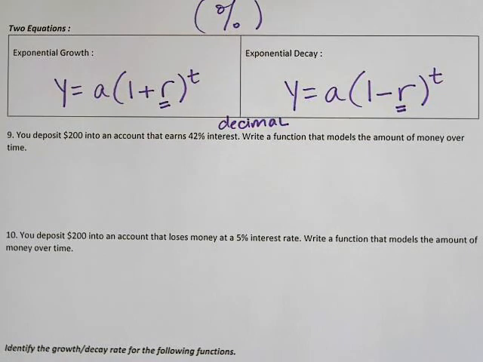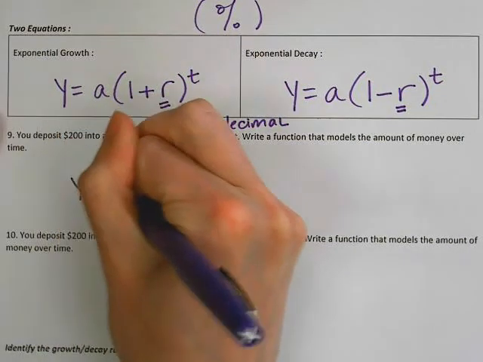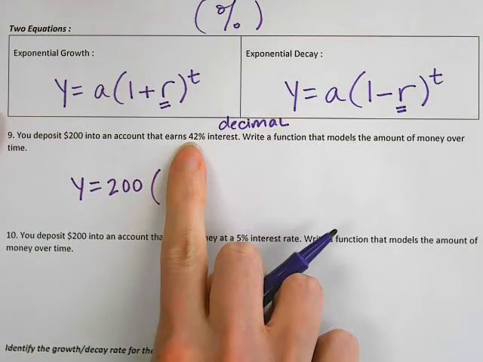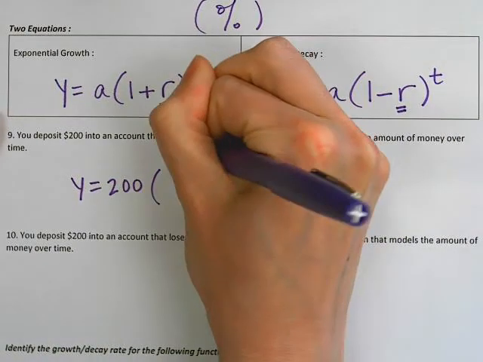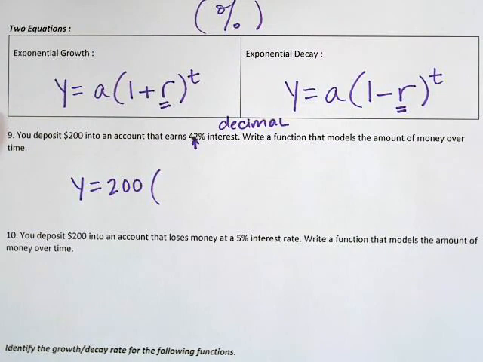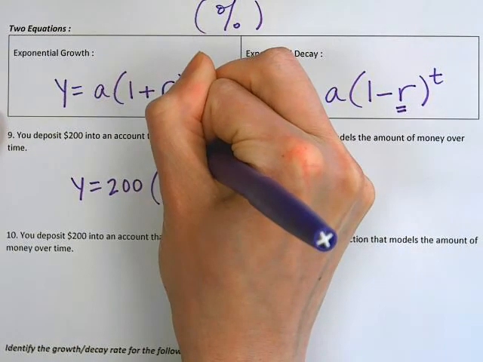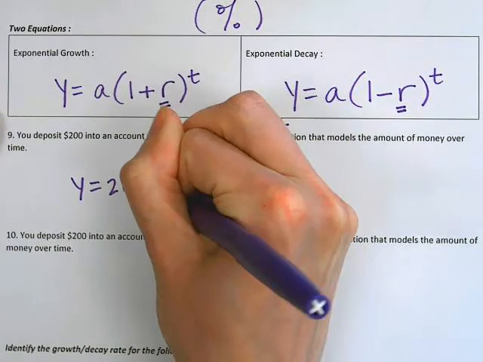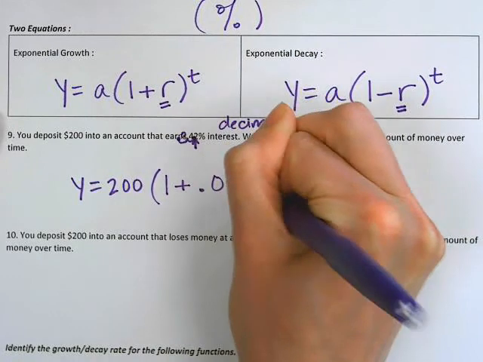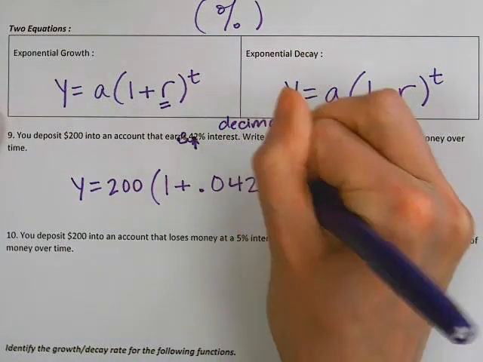All right, so number 9. You deposit $200. That's A. Earns, you know what, this is a typo. This should be 4.2% interest. If you move it 2 spots to the left, it's 1 plus 0.042 and then to the t power.